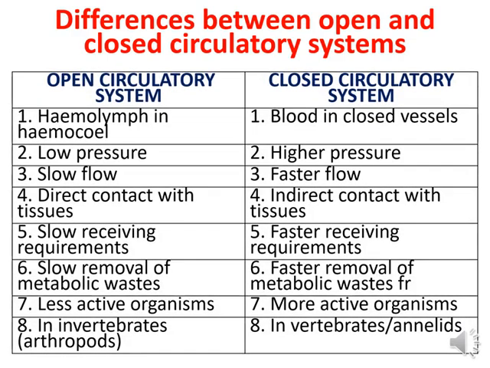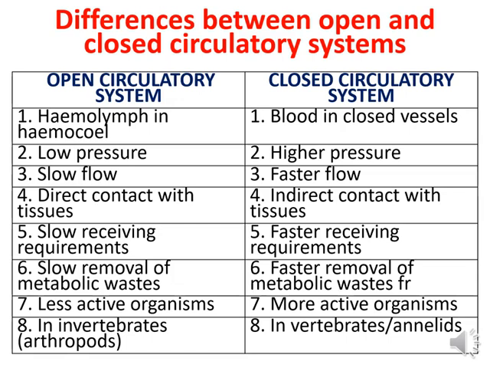Now, we have said that in open circulatory system, we have the hemolymph, which is found in the general body cavity known as hemocoel. That is where the transport fluid is found. While in closed circulatory system, the blood flows in closed vessels.